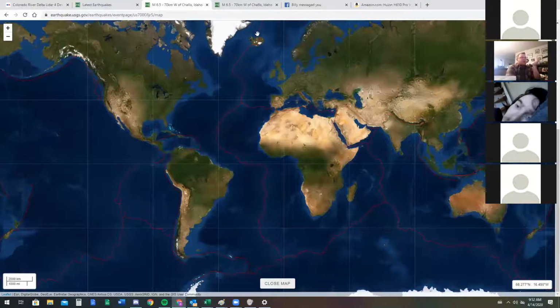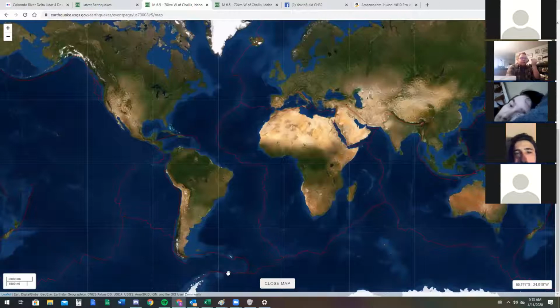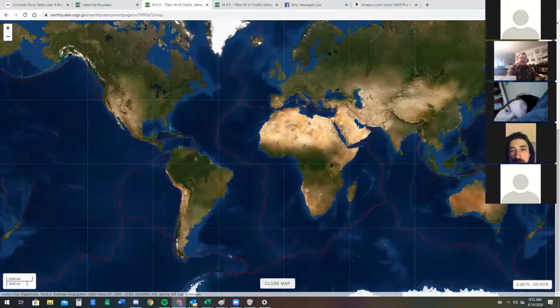So based on what I was just telling you guys, we would expect that along these red lines, where those plates are interacting with one another, these are the places where the vast majority of all earthquakes on the planet occur. So over here we have Japan. Please make a note of Japan on this side.